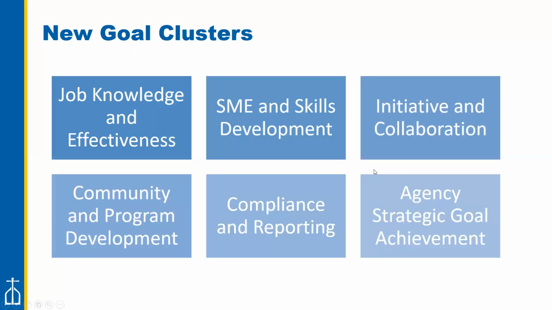I can give you an example of agency strategic goal achievement as well. If you have supervisors underneath you who are responsible for driving retention, retention is a strategic goal area. Increasing retention is a strategic goal area at Catholic Charities, and we're doing a number of things to enhance that. This is a perfect example of that. Retention is directly correlated with how effective performance management is at organizations.